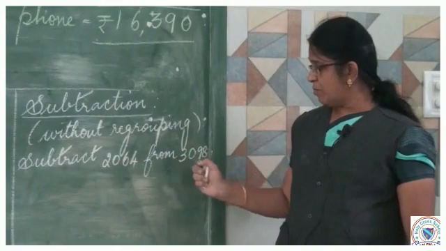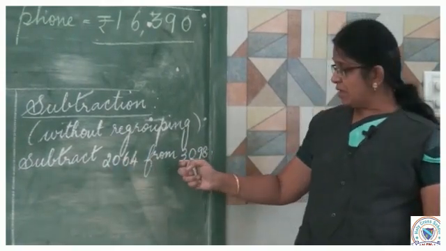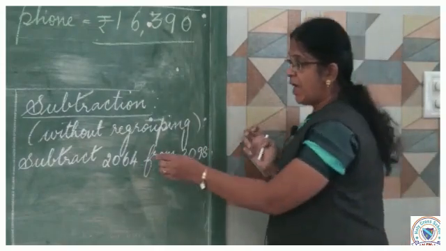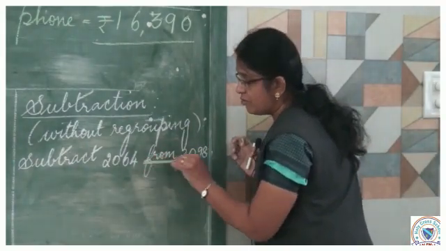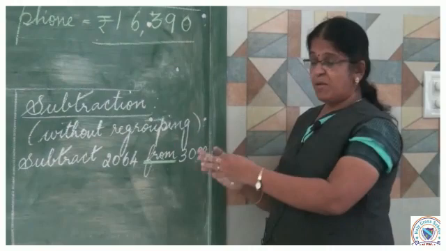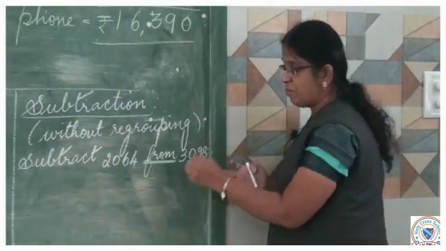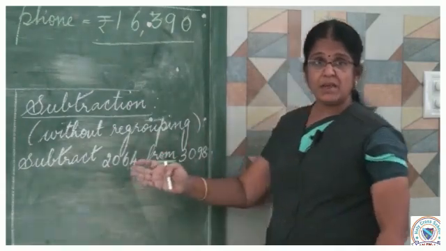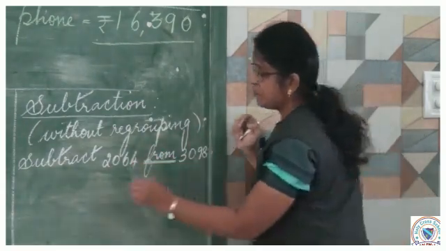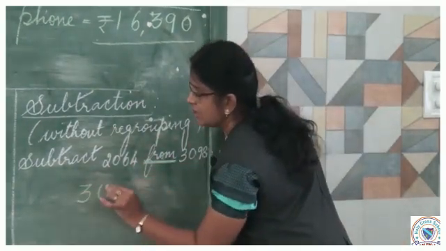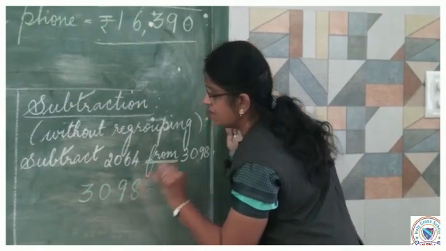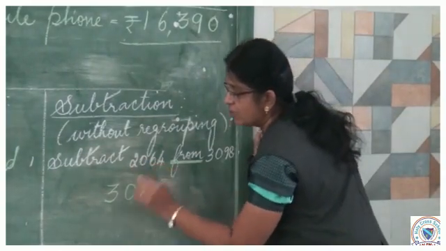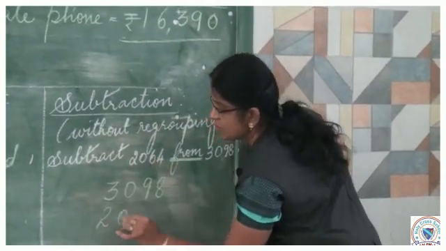So here when you compare these two numbers, 3098 is the large number, and the word from is given here. From means you have to take the second number. From the second number you have to subtract the first number. So write 3098 as minuend first, then you write 2064 down.